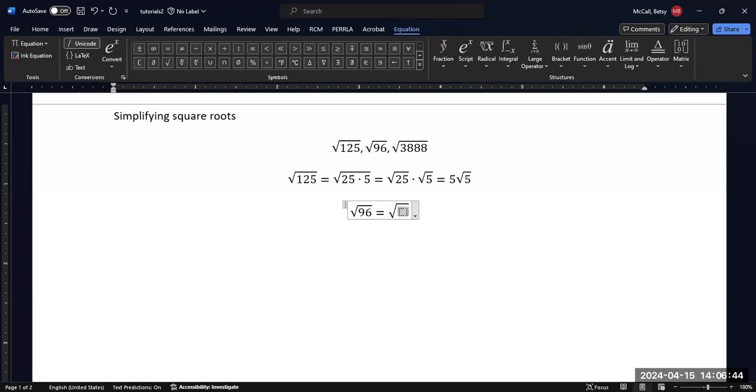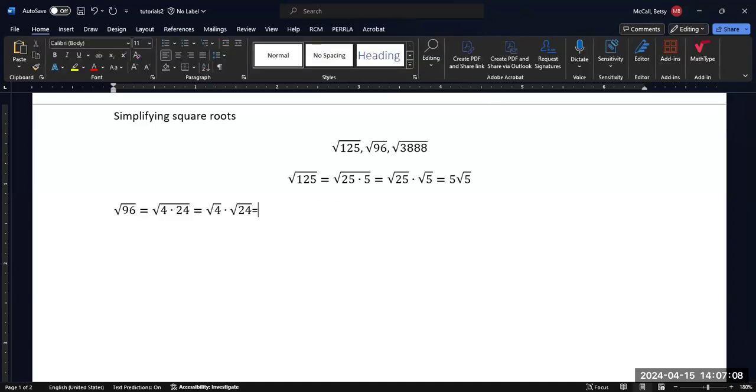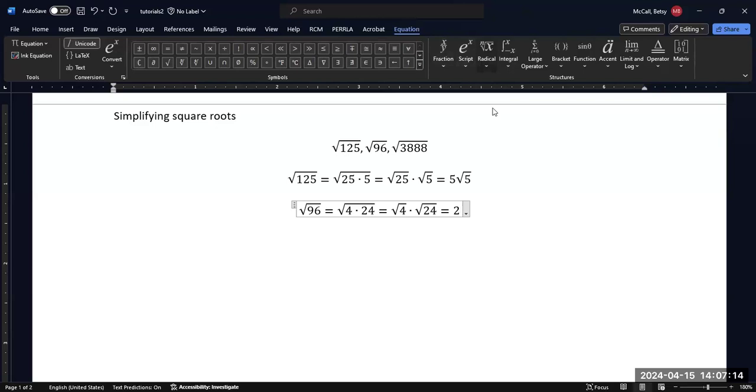Well, it turns out yes. So this is 4 times 24. Great, so I can take the square root of the 4, and then I have at least a simpler expression left behind: 2 square root of 24.